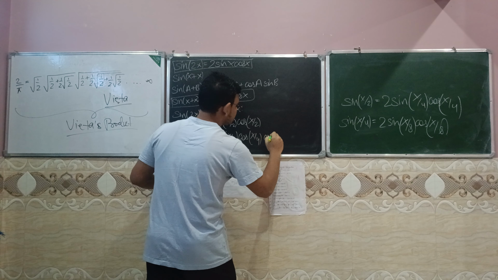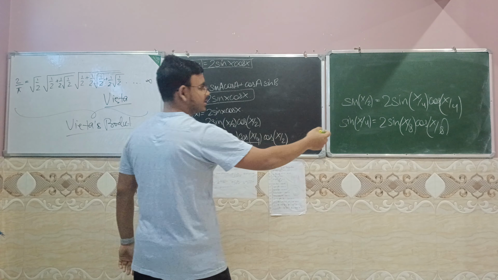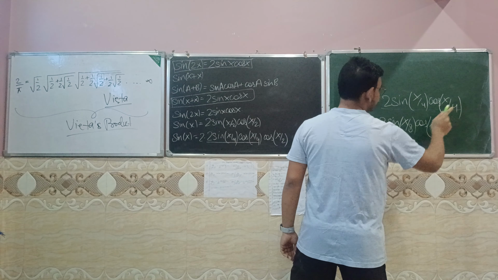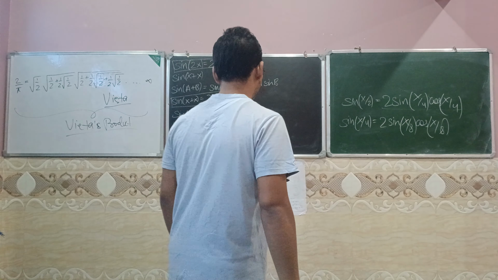This part, sine of x over 2, is just 2 sine of x over 4 times cosine of x over 4, and this cosine of x over 2 is here.